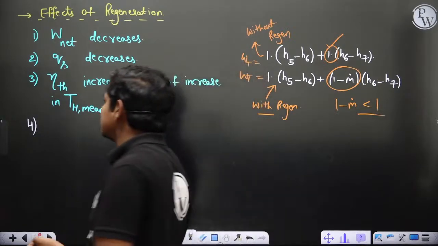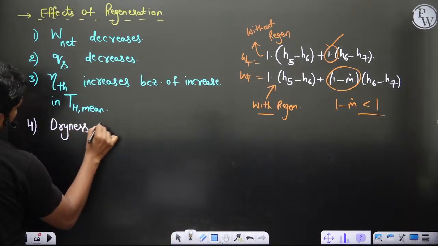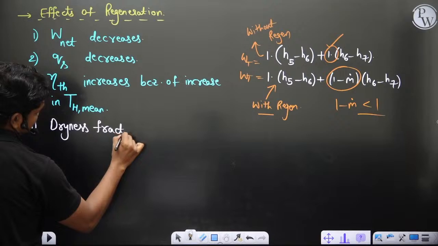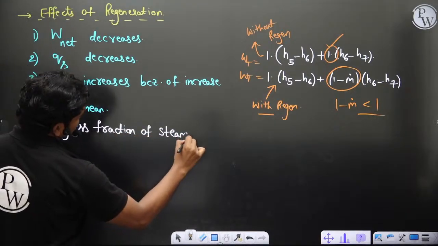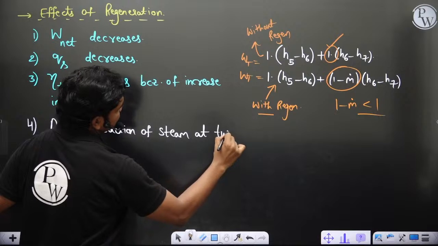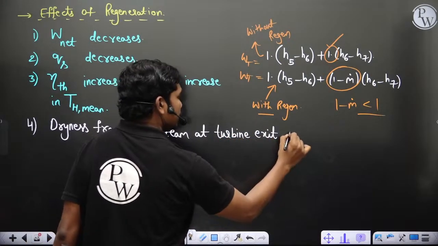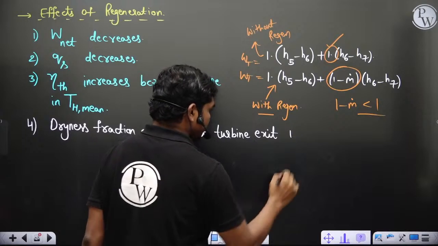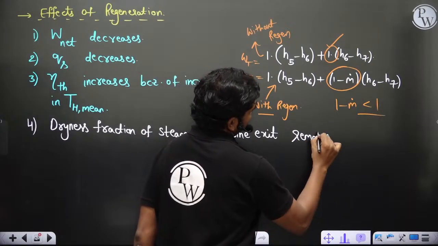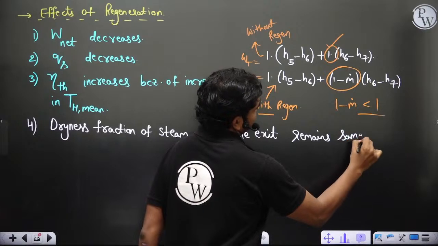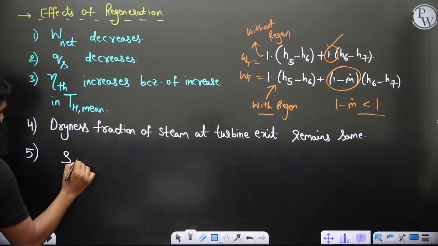So this dryness fraction at turbine exit remains the same.